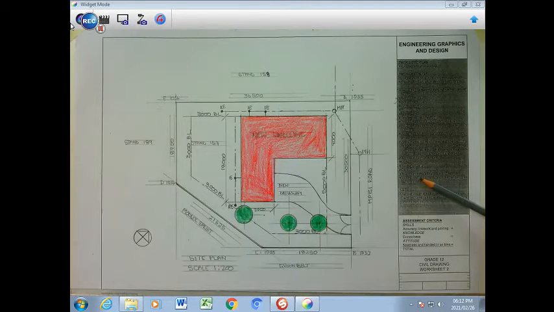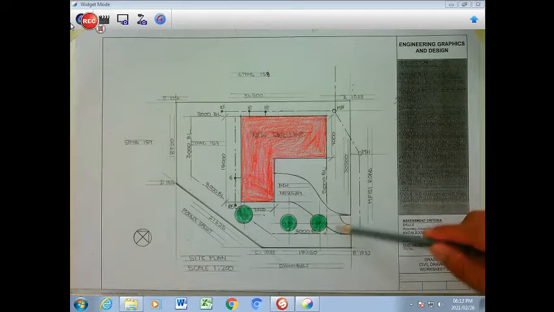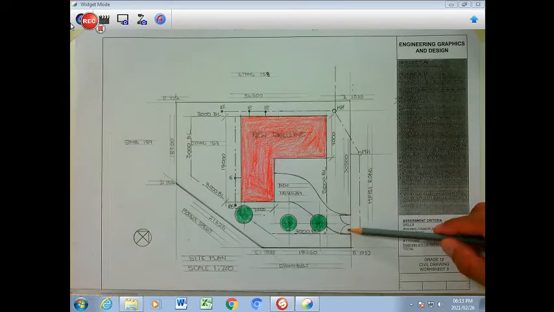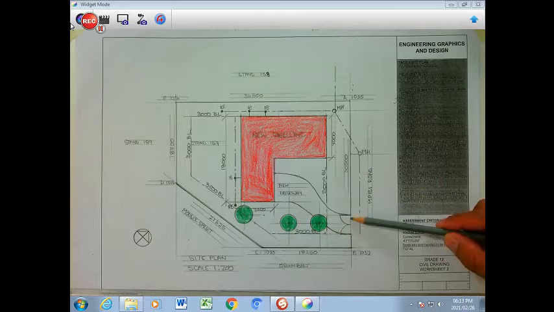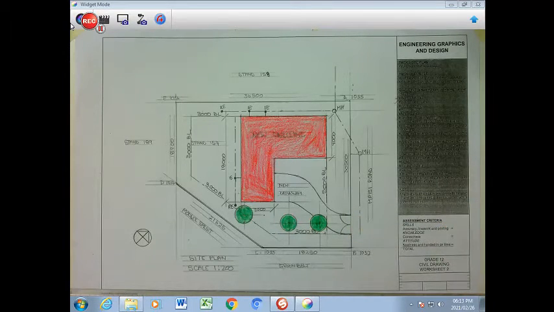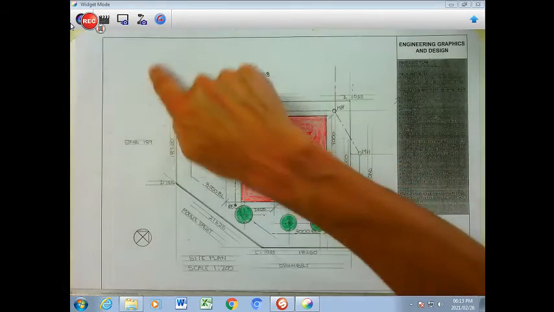And then any other single feature, what I've done is that I've included swing gates here. You're obviously allowed to put in a remote control gate, but you will have to show with an arrow the direction of opening. And then of course we need to tabulate the area and perimeter of the stand. So I'm going to do that here quickly for you.